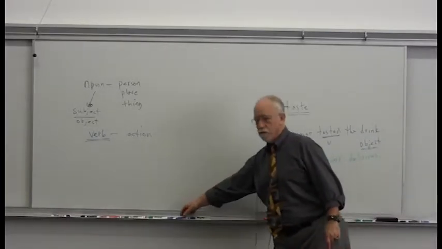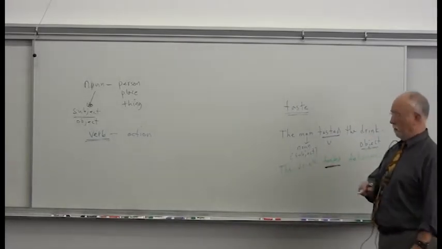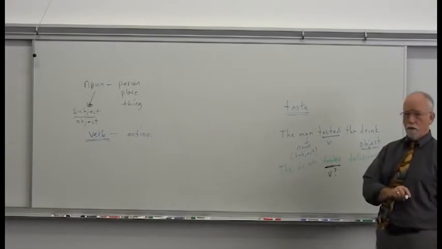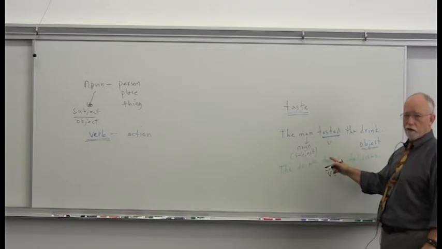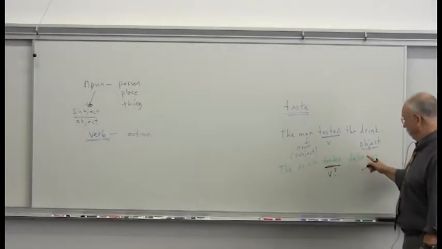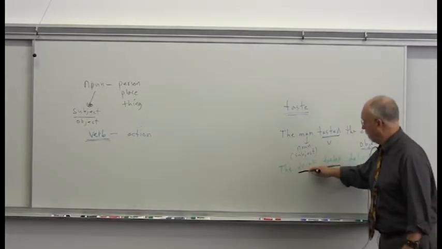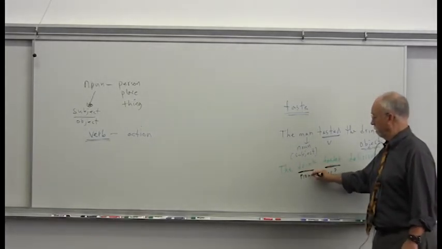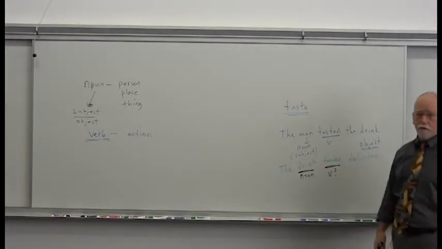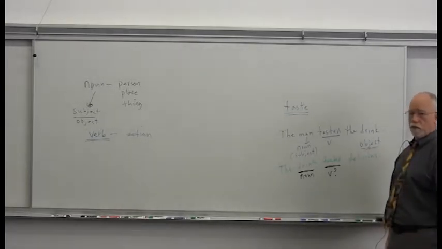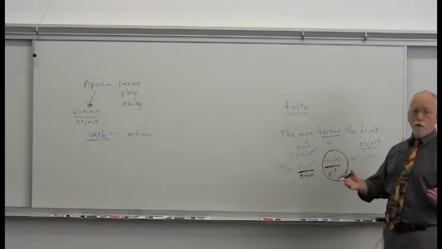It looks like tasted seems to be the verb, but where's the action? Is the drink doing some kind of tasting action? No. Is delicious doing some kind of tasting action? No. We know this is a noun because it says the drink, but where's the verb in the sentence if there's no action? It looks like that should be the verb, but there's no action involved.